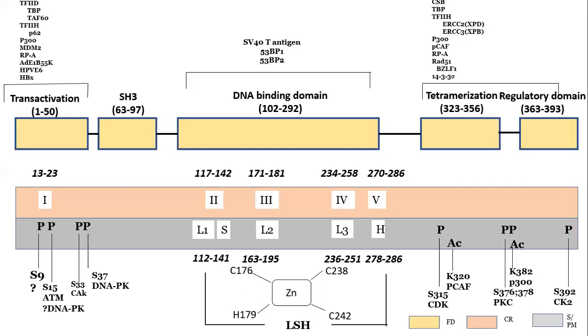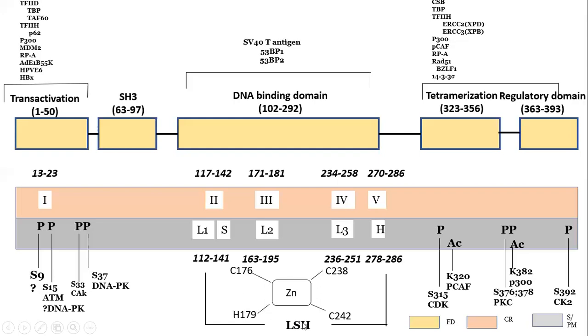So this region is also named, as in the diagram you can see, it is also known as LSH. The term LSH means loop sheet helix. So this contains the LSH domain.